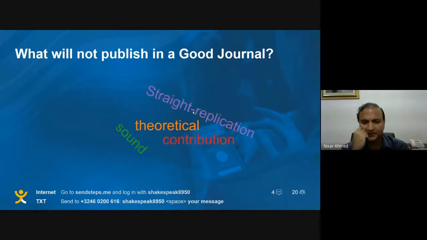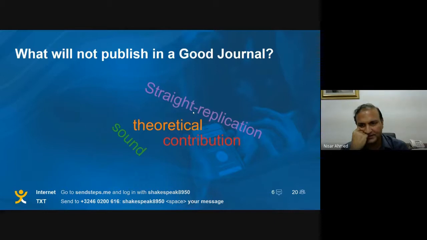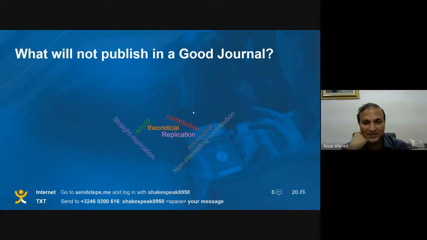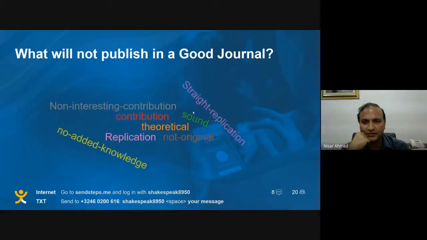Of course, if your model is not theoretically strong, you cannot publish. And of course, if you are just doing a straight replication, it will be very hard for you to publish.